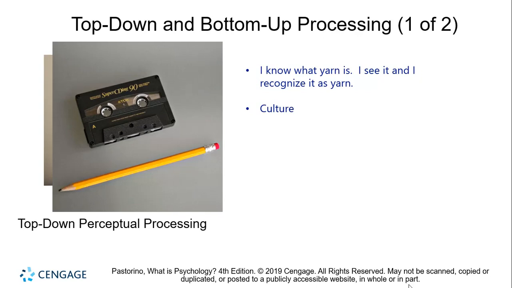If you're a little bit older and you dealt with audio tapes on a regular basis, then you just know what that's for. But if your only relationship to this is maybe seeing them on the internet, or maybe never seeing them at all, well then you'd never figure that out on your own because there's no top down part to this. You don't know what it is because you've never dealt with it.